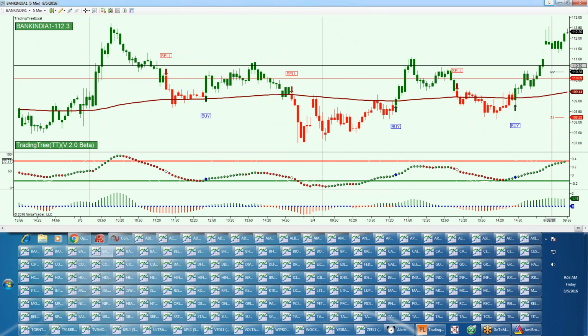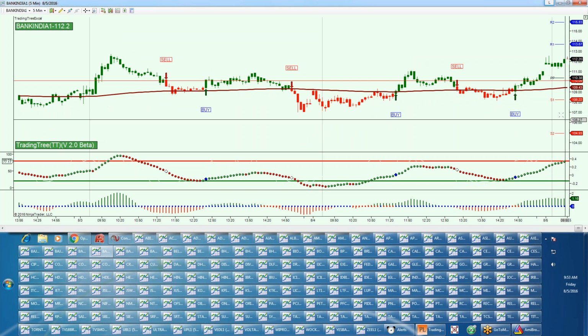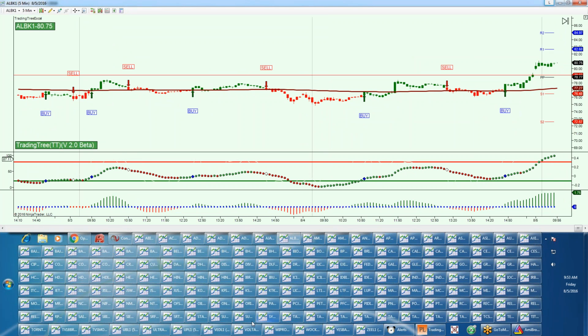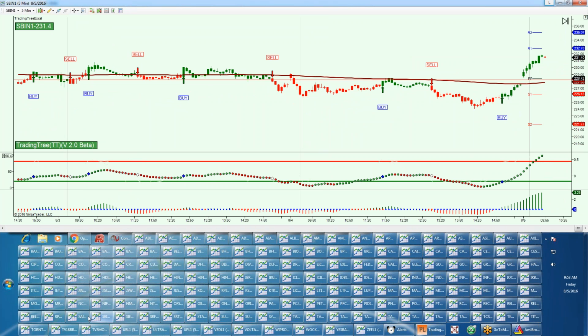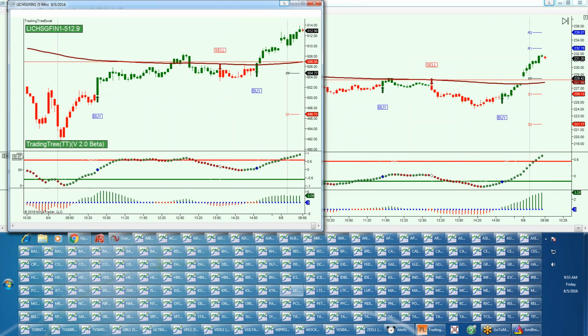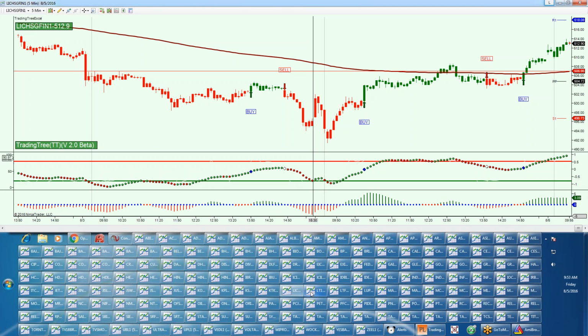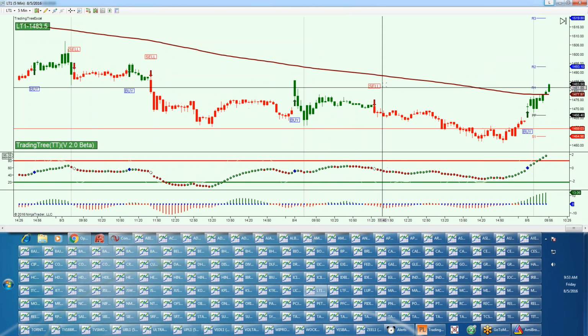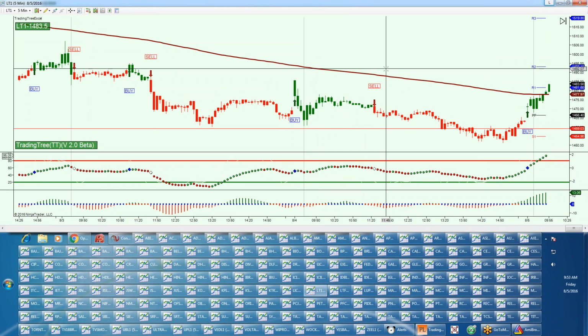So you know that the PSU banks are doing good. So L&T, your next target will be 1493.